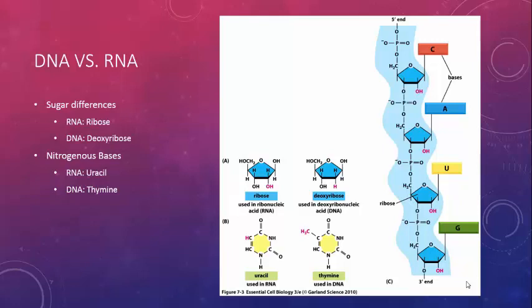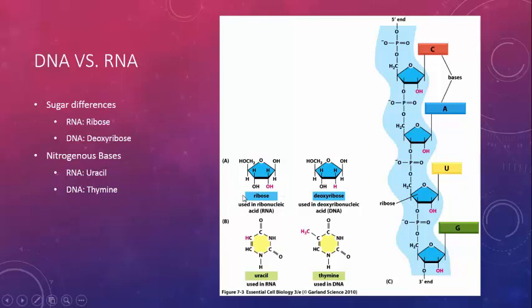Before we get too far, though, let's remind ourselves of the primary differences between RNA and DNA. The DNA molecule prefers to be a double-stranded molecule, while RNA prefers to be a single-stranded molecule. The sugars are also different. DNA contains deoxyribose, see there's a missing oxygen here, while RNA contains ribose.